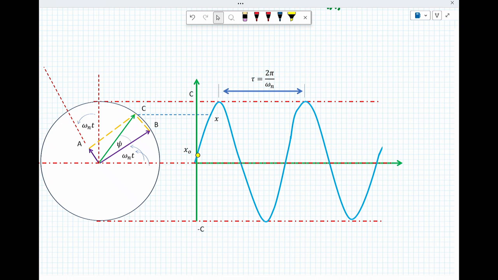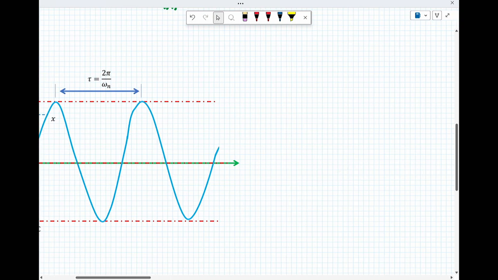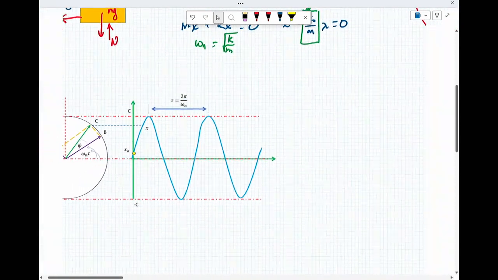Now, the motion you can see is a sine wave, and as a sine wave, it never diminishes. That expertly hand-drawn sine wave is not meant to be absolutely correct. It's just supposed to give you a sine wave-ish looking thing. But the period between the two peaks is defined as tau, which allows me to define a couple things.